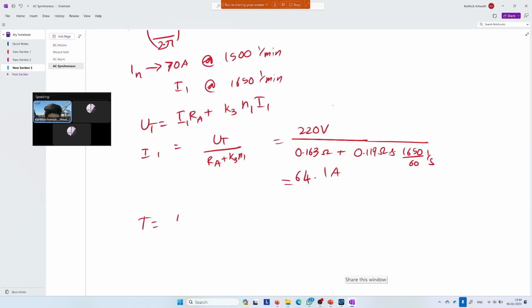Then we can directly use the equation. Torque equals K3 by 2 pi times I squared. K3 is 0.119 ohm second divided by 2 pi multiplied by 64.1 amps squared. So ohm times amp gives us volt, then you have volt amp second, which is the unit of torque.